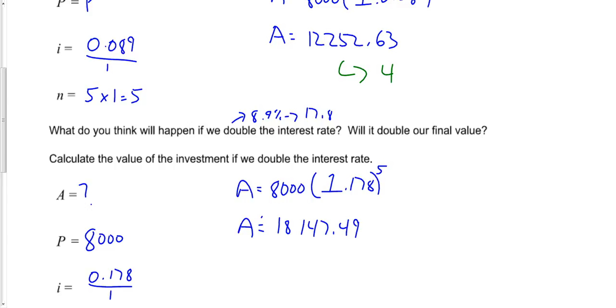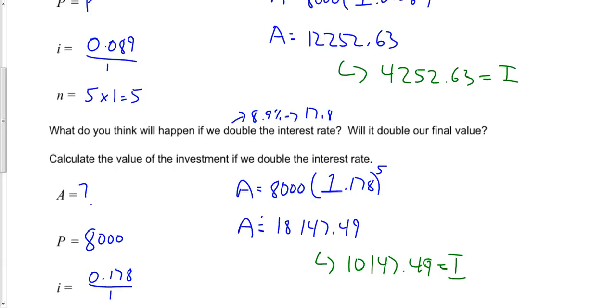In the first situation, $4,252.63 was the interest that was earned. And in the second situation, we actually got a little bit more. We got $10,147.49 in interest. So by doubling the interest rate, we actually more than doubled the amount of interest that we earned.